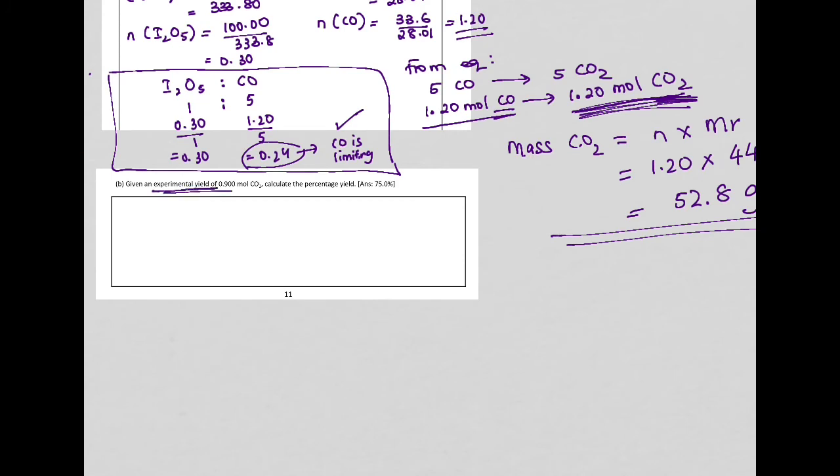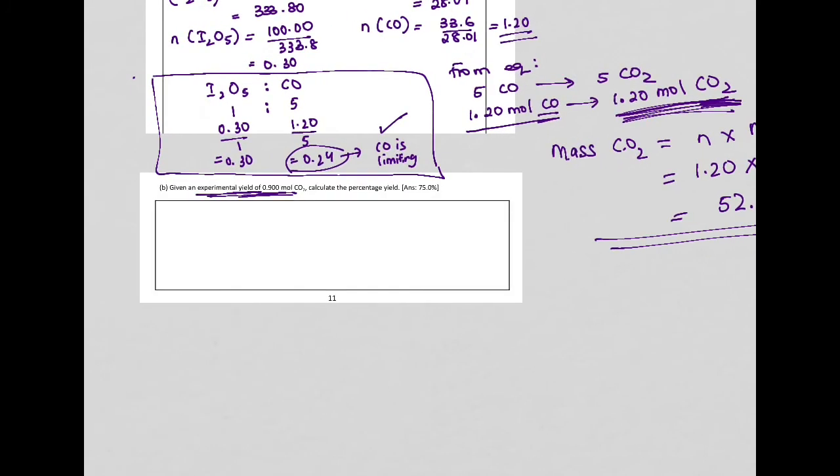Given an experimental yield of 0.9 moles of carbon dioxide, this is what we got experimentally. So let's calculate the experimental mass. Experimental mass is number of moles times Mr. This is the mass that we actually got when we did the experiment.